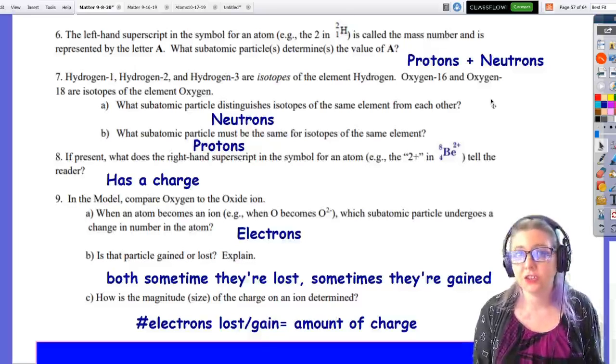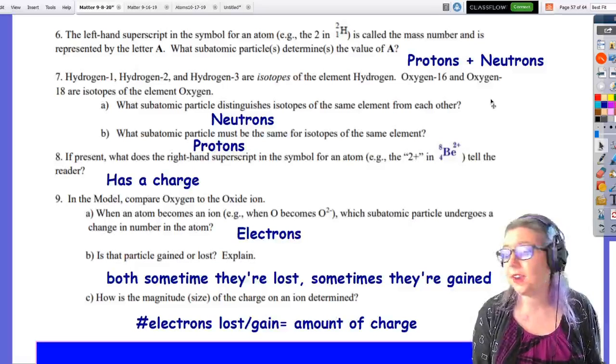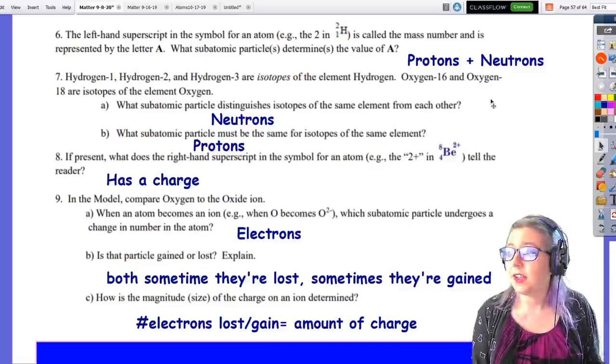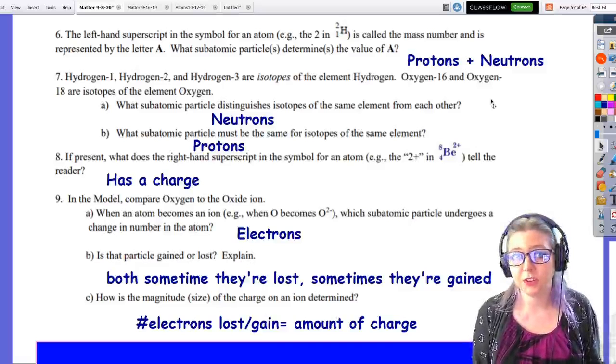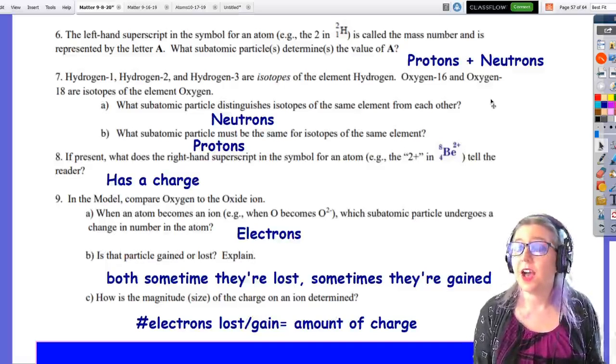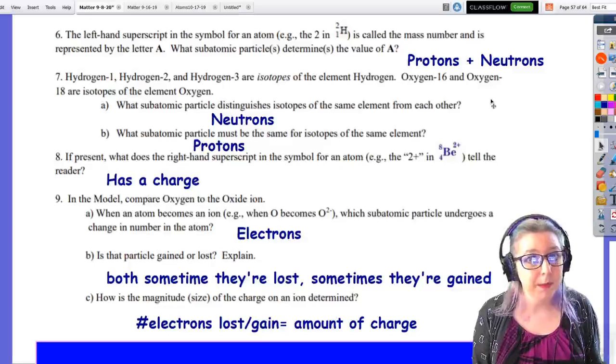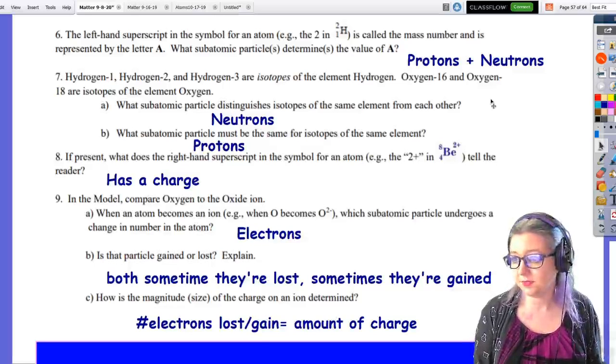It was the electrons. I had 8 electrons in my neutral oxygen, 1 electron for every proton, 1 negative charge for every positive charge. But then in my oxide ion, I had more electrons. I had 2 more electrons than protons. I had 2 negative charges that were not being canceled out by my positive charges in my nucleus.